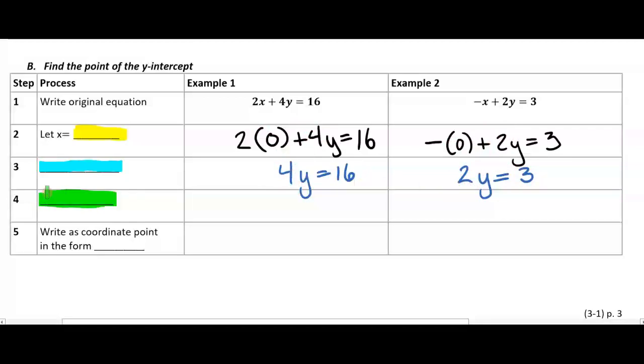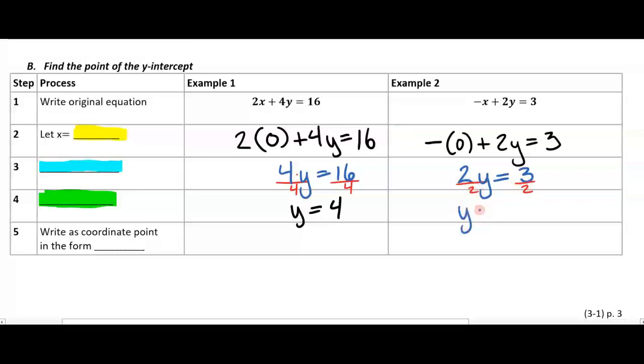So I'm going to usually multiply or divide by some number or negative 1 in order to get our y by itself. In this case, I have 4 times y, so I'll divide both sides by 4. So y equals 4. And here I'll divide both sides by 2.